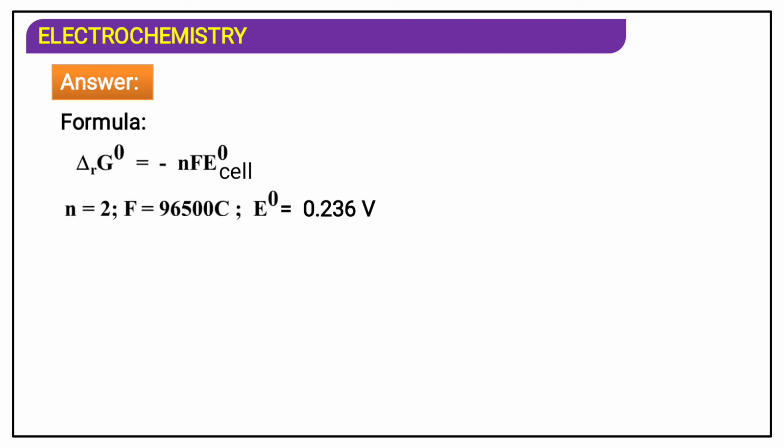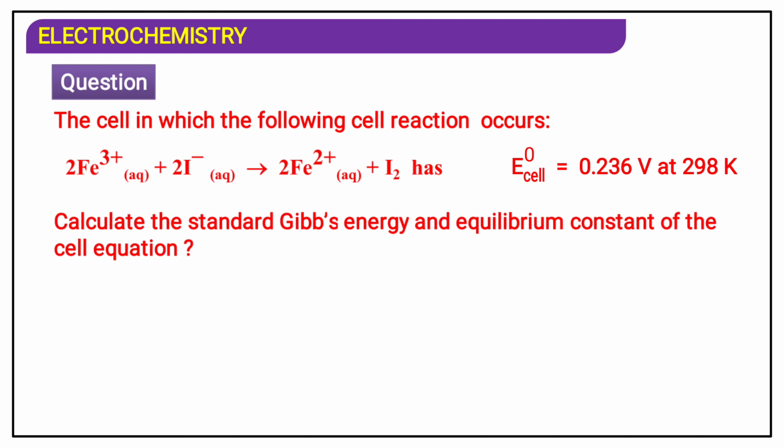Based on the problem, the n value is 2, the F value is 96,500 coulombs, and E naught is 0.236 volt. Still, if you have any doubt how we are taking n, I will explain once again. Look here, Fe plus 3 is converted into Fe plus 2, meaning each Fe is gaining 1 electron.